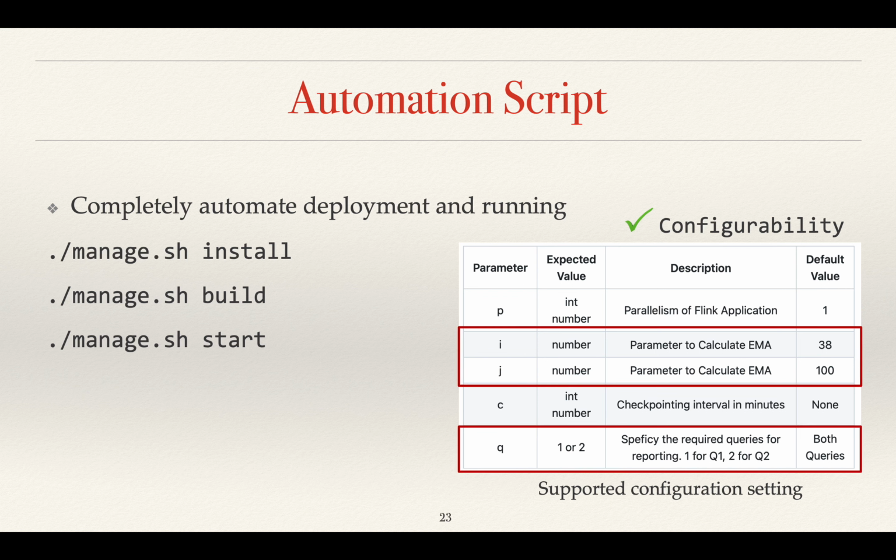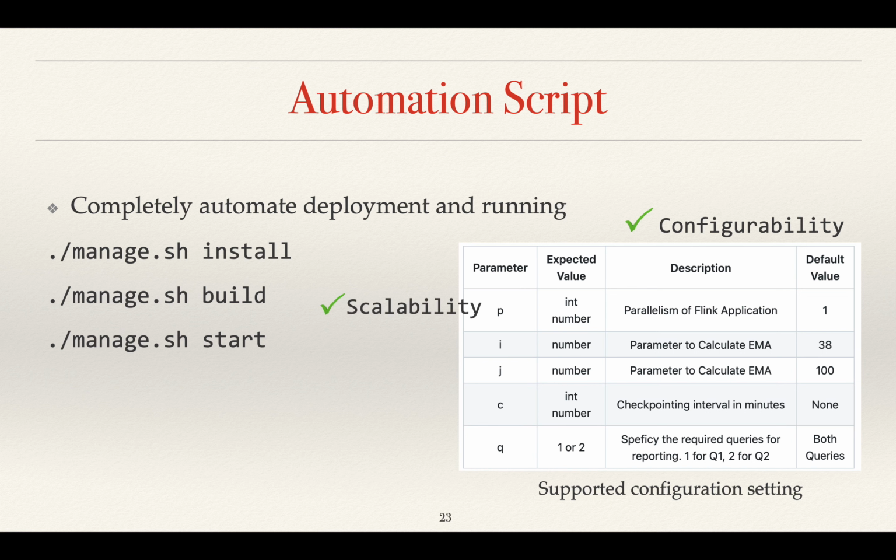With I and J options, we can specify the parameters of the EMA calculation formula, and with the Q option, we can define the queries that we are interested in. So we achieve good reconfigurability, which is required by the challenge, but we also support scalability and operational reliability.